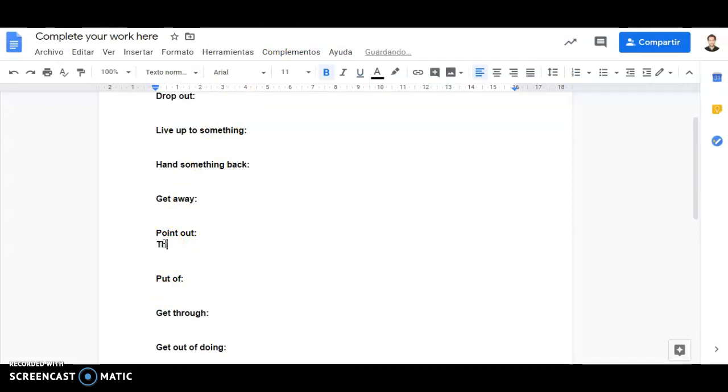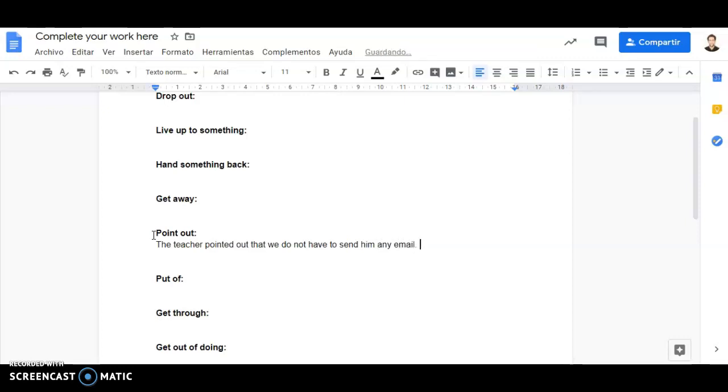You can make a phrase, and we don't use bold letters for these. So the first phrase says: the teacher pointed, because it is the past, I already did it, pointed out that we do not have to send him any email.